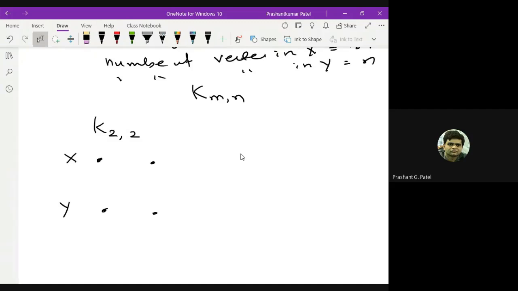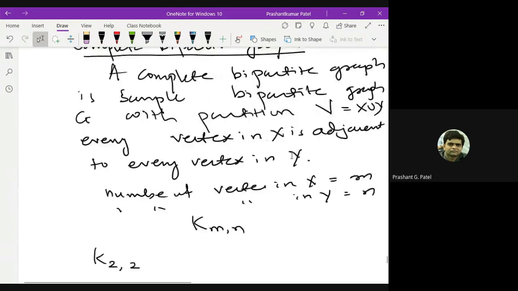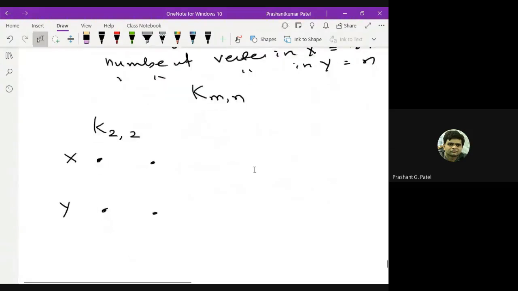So every vertex has one end in X, another one in Y. As per this, every vertex in X is adjacent to every vertex in Y. So this vertex is adjacent to this and this. This and this. There is no relation in between. Okay, please keep in mind. So this is K22.